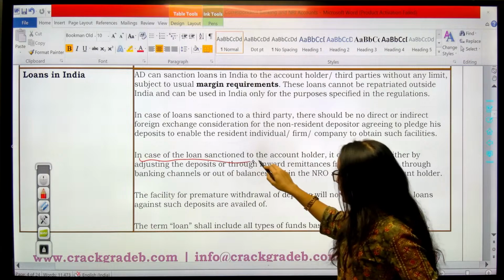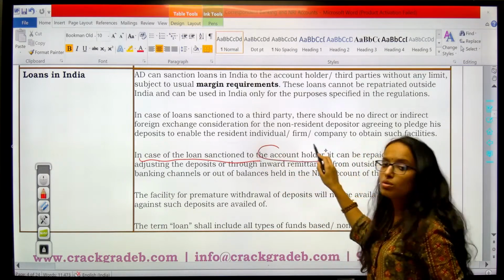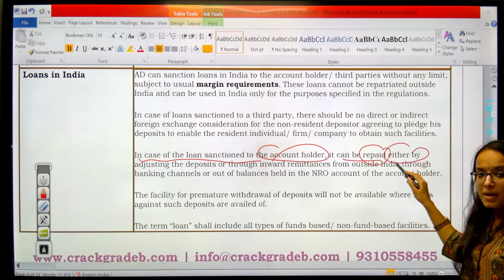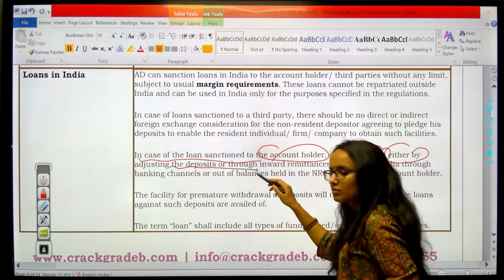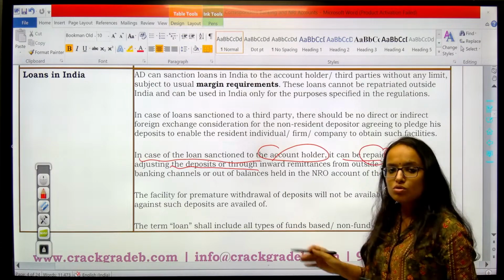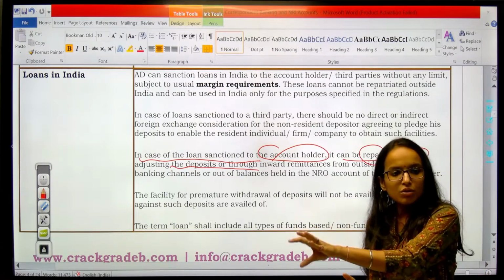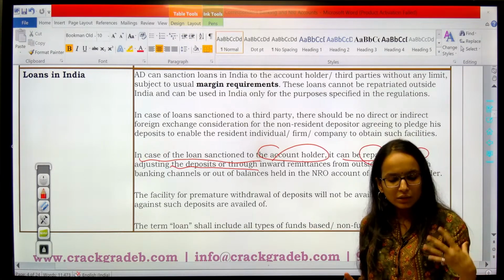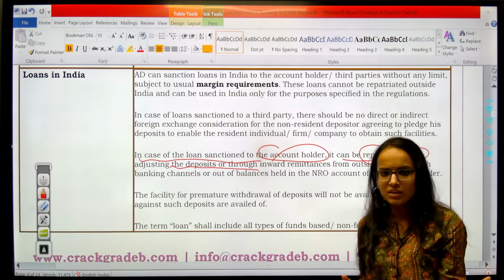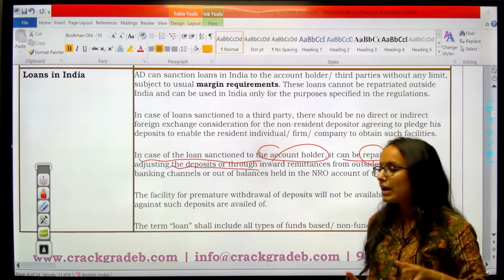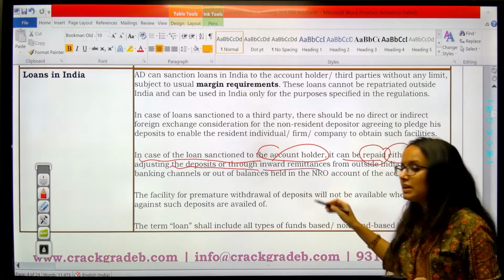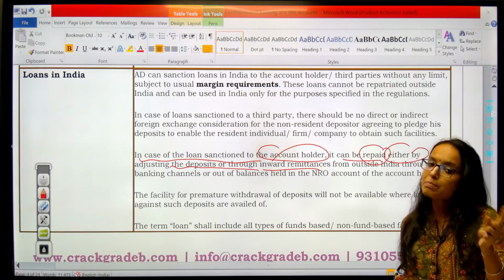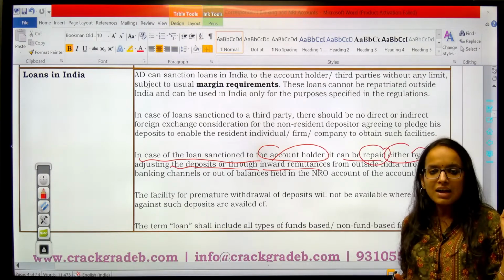Then in case of the loan sanctioned to the account holder, it can be repaid either by adjusting the deposits, whichever deposits are there, or through inward remittances. The remittances coming to that account can also be used to repay the loan taken by the account holder.